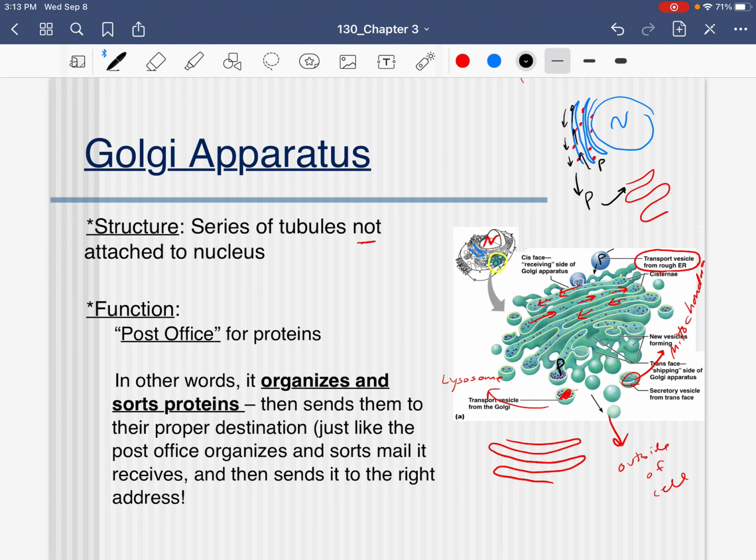So the proteins that are sorted, they leave the Golgi apparatus and then travel to somewhere else in the cell. But because they've been organized, just like a piece of mail has an address on it, it knows where it has to go. Isn't that really cool?